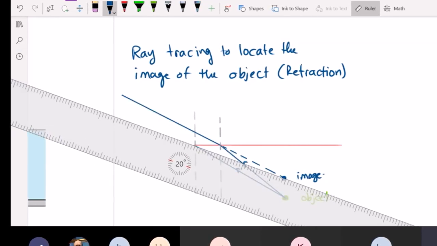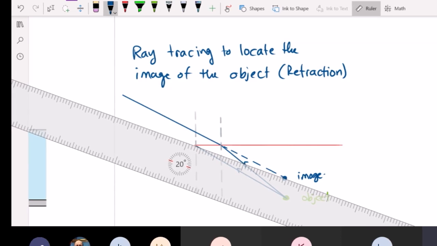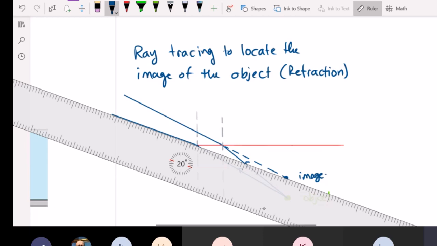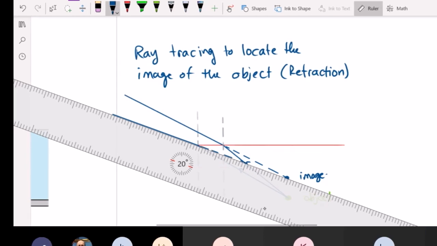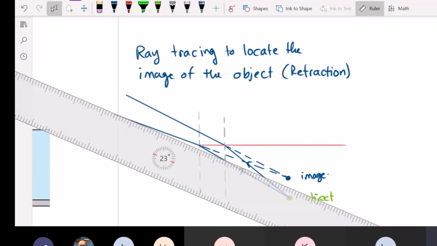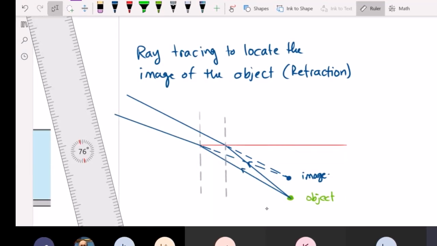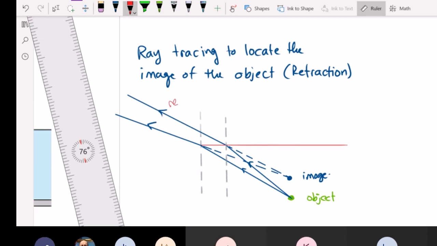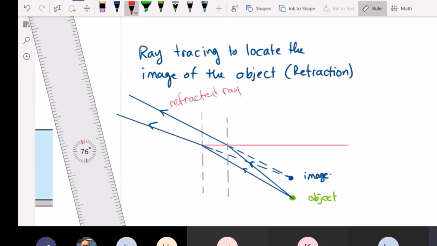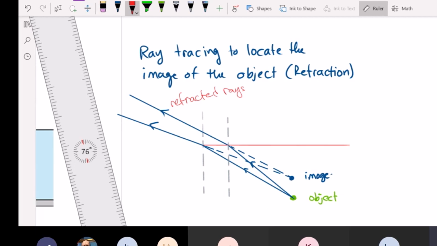The other refracted ray also starts from the image, and I will extend it like this. Okay? So these are called refracted rays. I extended the refracted rays to locate the image.